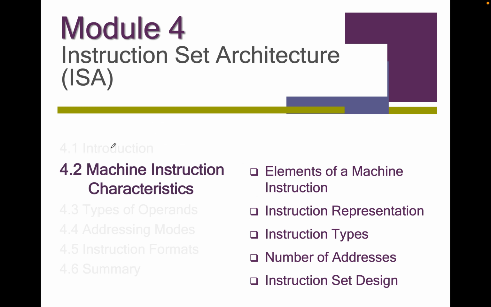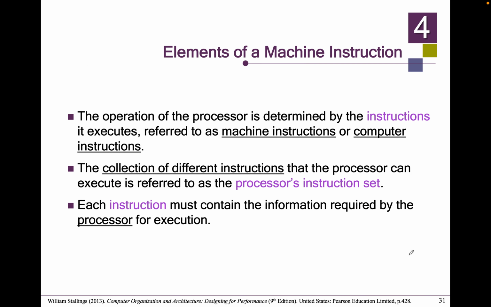Okay, now we have the machine instruction characteristics, which are elements of a machine instruction, instruction representation, instruction types, number of addresses, and instruction set design. Elements of a machine instruction: the operation of the processor is determined by the instructions it executes, referred to as machine instructions or computer instructions.